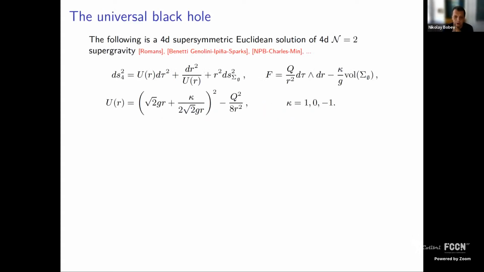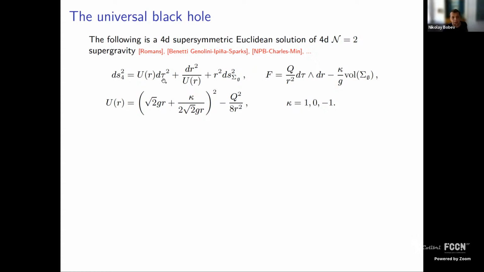Why is this important? So there's a simple solution. So this obviously will have something to do with AdS, but let's see exactly what. I claim that the following solution is a supersymmetric Euclidean solution of 4-dimensional N=2 supergravity. It was written down first by Romans and then studied by other people later on.